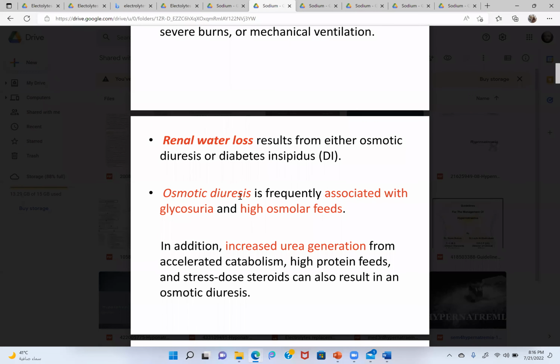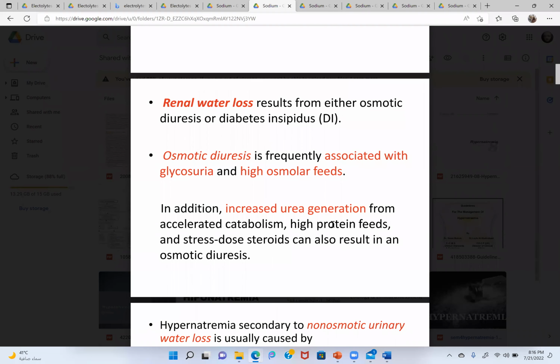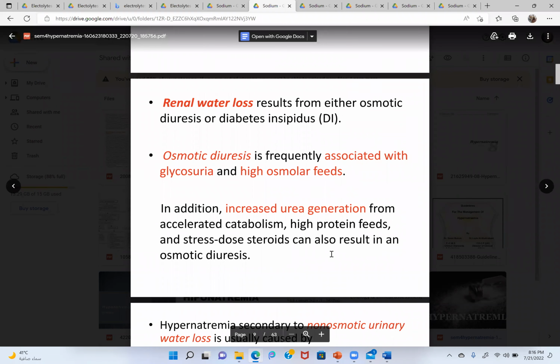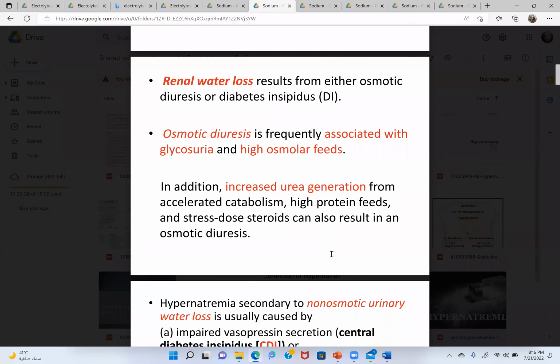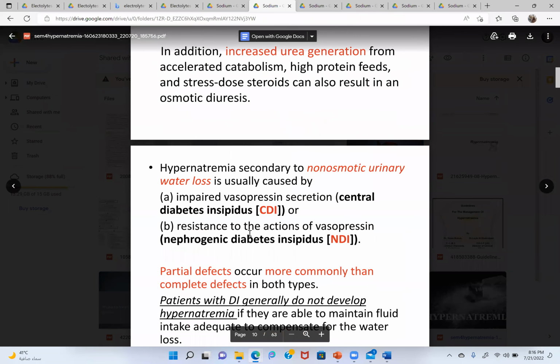In addition, urea generation from accelerated catabolism, high protein feeds, and stress dose steroids can also result in osmotic diuresis. This is something new for me. Stress dose steroids can cause osmotic diuresis.